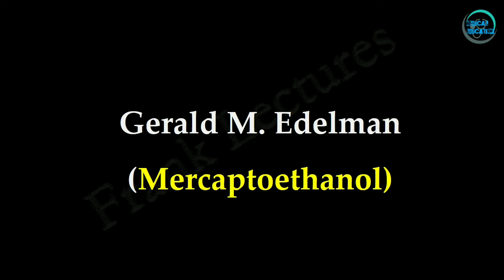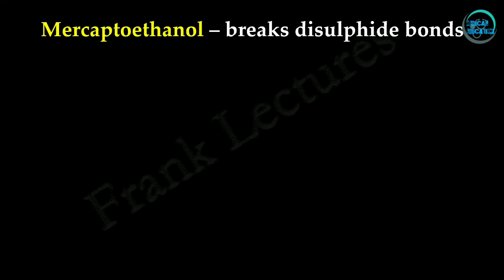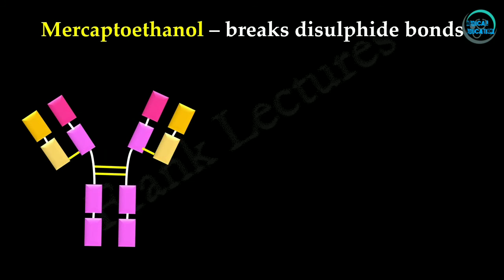Edelman treated immunoglobulin with reducing agents such as mercaptoethanol, and he found that antibodies contain disulfide bonds. Mercaptoethanol is a reducing agent and it breaks disulfide bonds.